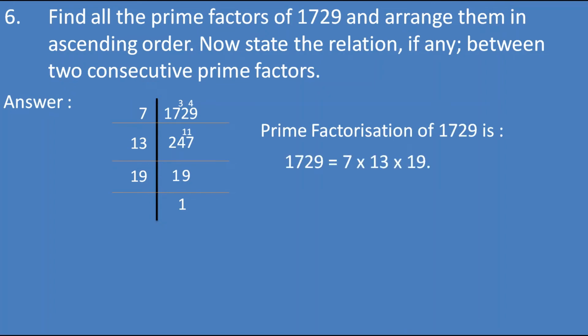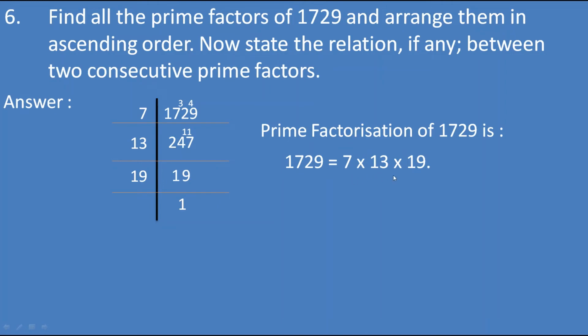Now what they told next is arrange them in ascending order. We have already arranged it in ascending order. Now state the relation, if any, between two consecutive prime factors. Yes, there is a relation between these two consecutive prime factors. Consecutive means next to the next number.